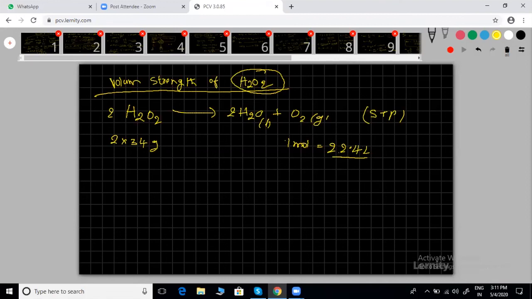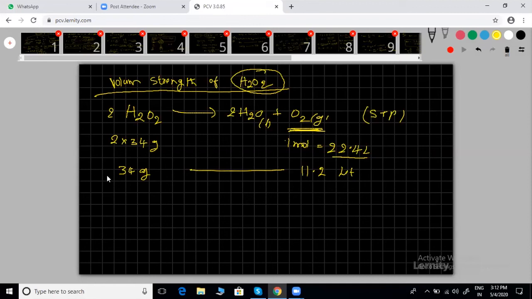We are expressing H2O2 concentration in terms of O2; that's what we call volume strength. That depends upon the purity of H2O2. I am taking 100% purity here. Assume all this H2O2 is dissolved in 1 liter of solution. If I take 34 grams, how much will we get here? 11.2 liters. Is it correct?